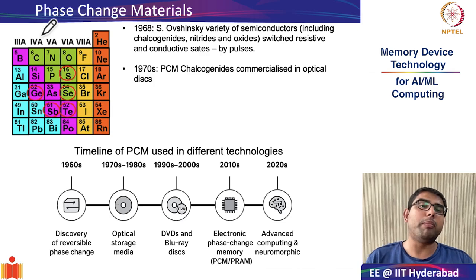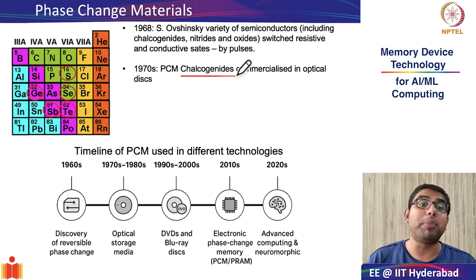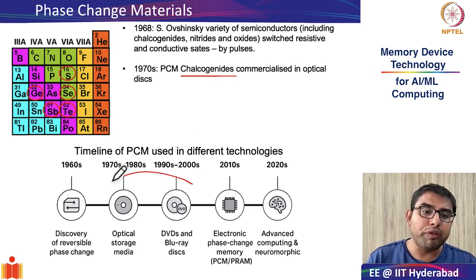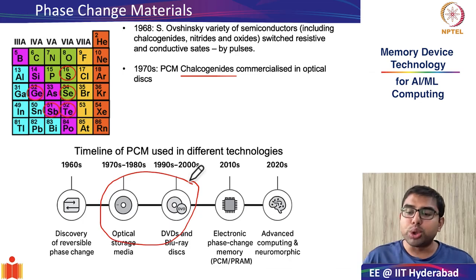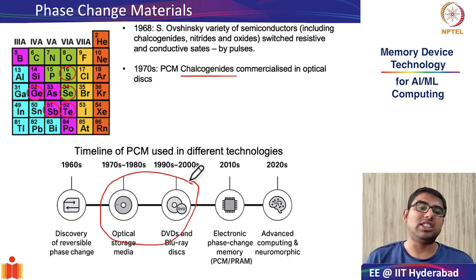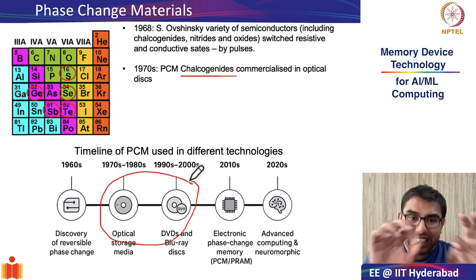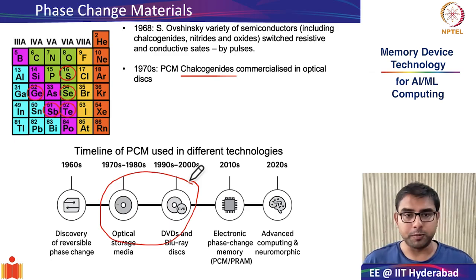However, the first commercialization of phase change materials in the form of chalcogenides was done in optical discs. Most of you might have noticed these optical discs that used to come with older generation of laptops and CPUs. The core material that these optical discs, or DVD and Blu-ray discs, use is actually phase change material.